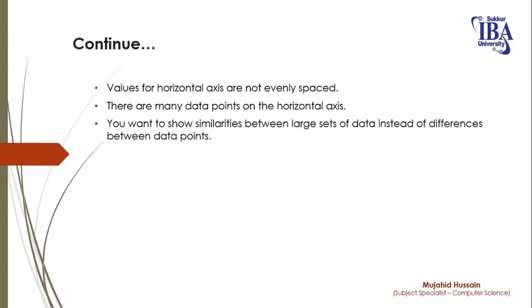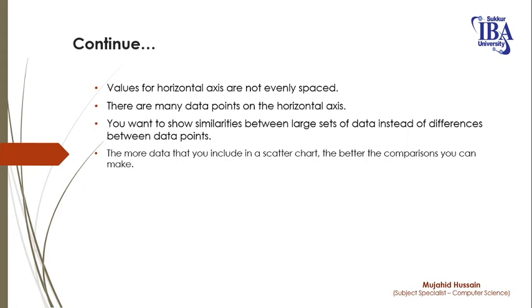If you want to show similarities between large sets of data instead of differences between data points, then a scatter chart is better to use. The more data that you include in a scatter chart, the better comparison you can make.